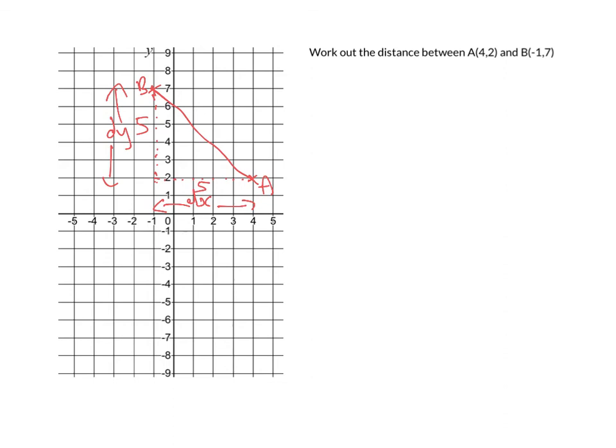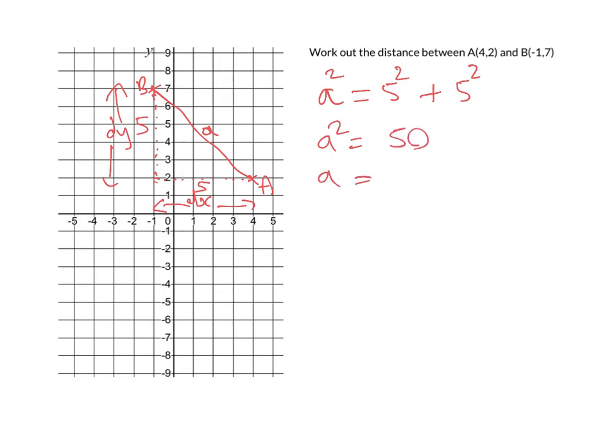So we are going to say that this is A. Using Pythagoras, the square of the long side equals the sum of the squares of the two other sides. Okay, so A squared equals 25 plus 25, which is 50.